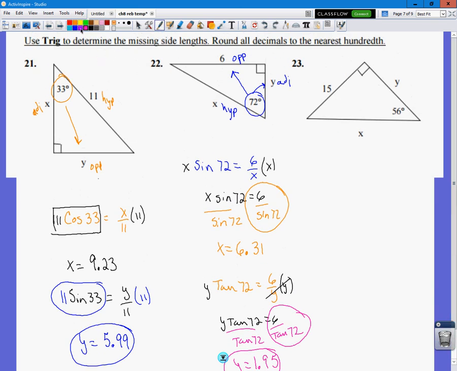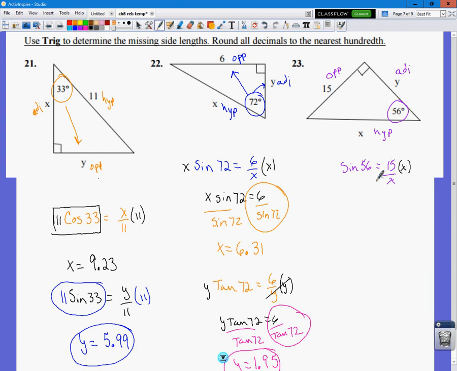In number 23, if I start at the 56, this is opposite, adjacent, hypotenuse. To find x, opposite and hypotenuse is sine. The sine of 56 equals 15 over x.